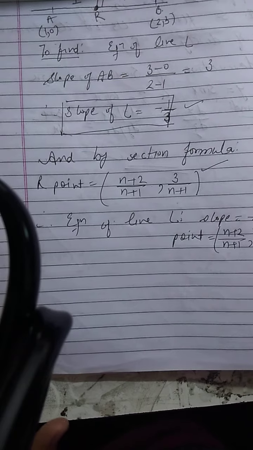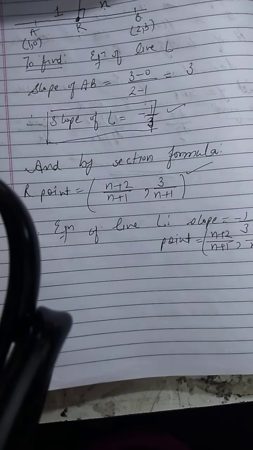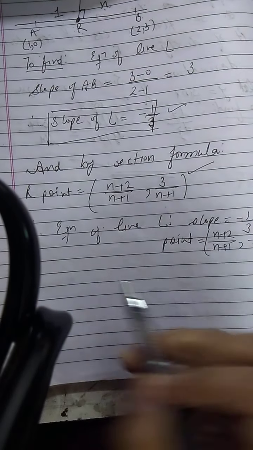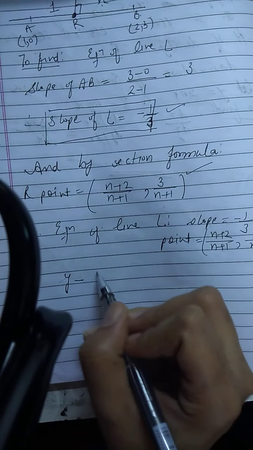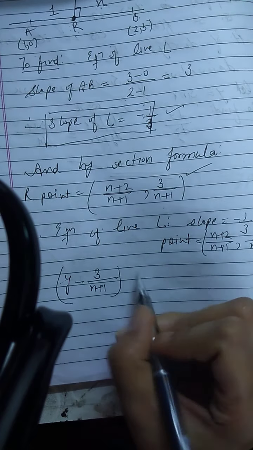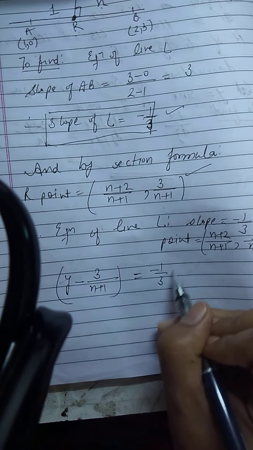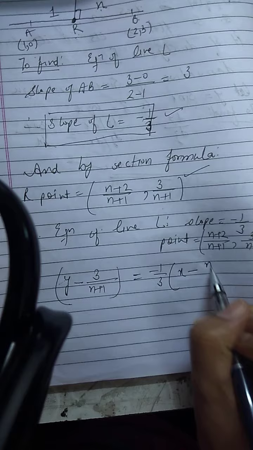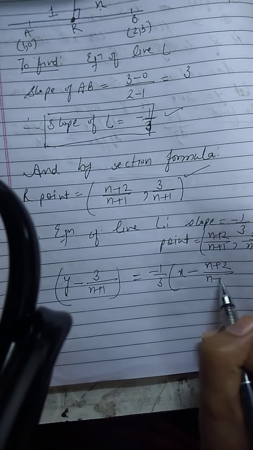Okay, let us apply the point-slope formula. Our equation will become y minus y1, that means y minus 3 upon (n plus 1), equals the slope, that is minus 1 by 3, into (x minus x1).